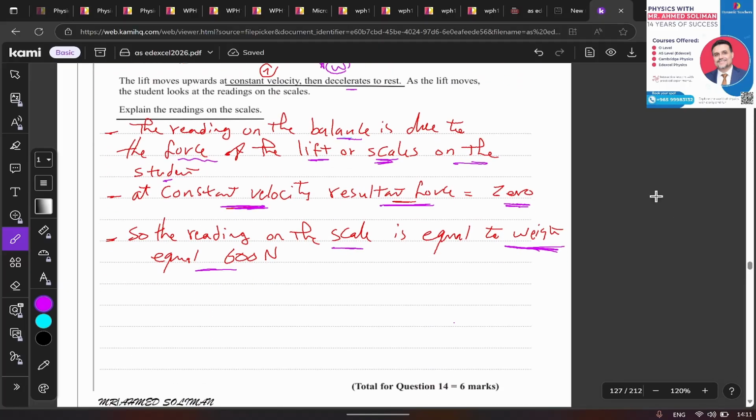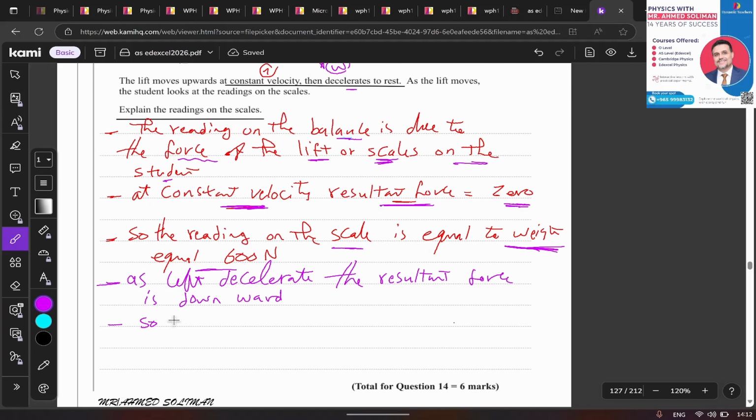So as the lift decelerates, the resultant force is what? Downward. What is the meaning of saying the resultant force must be downward? It means the weight is more than the upward force.